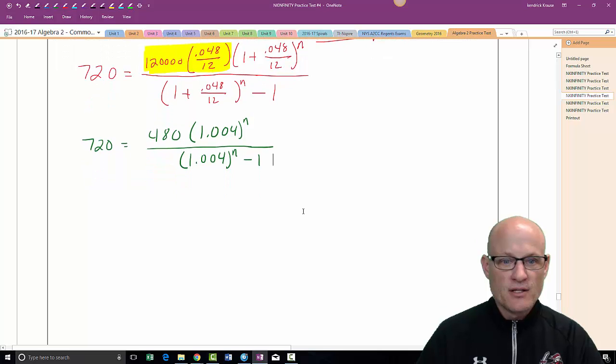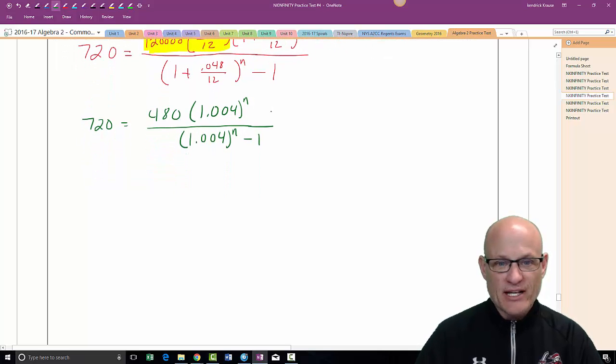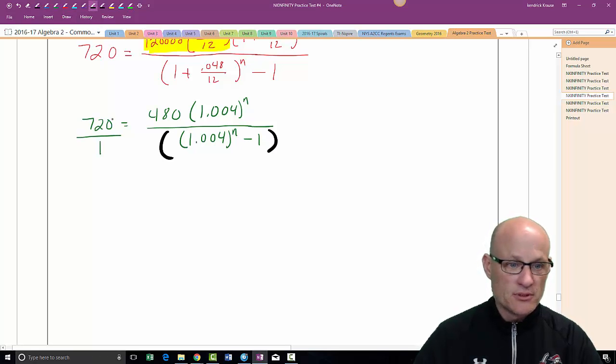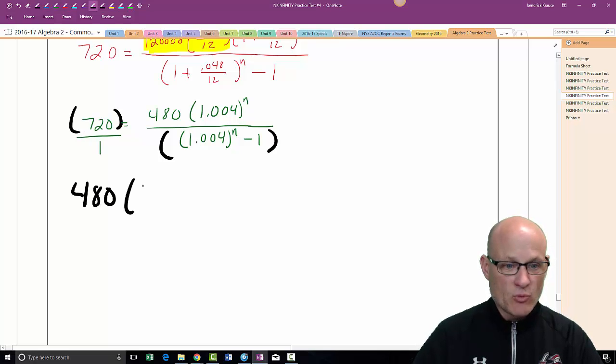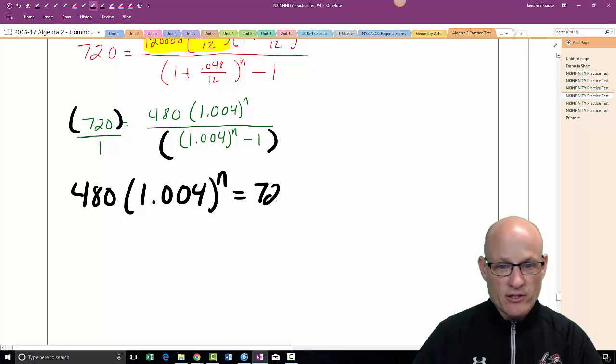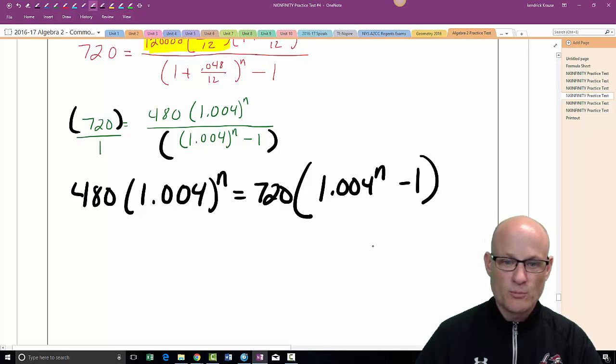Now what? I'm going to guess we're going to have to cross multiply at some point, so we might as well cross multiply now. Remember, this is one big thing, so you're going to multiply it by this. So I get 480 times 1.004 to the n is equal to 720 times 1.004 to the n minus 1.